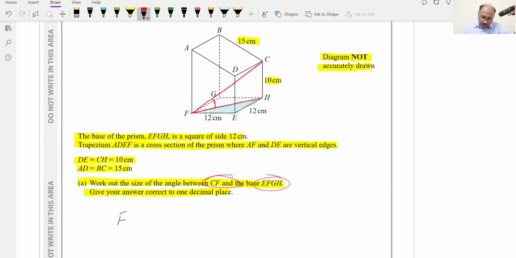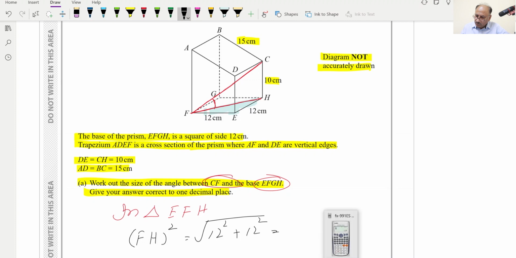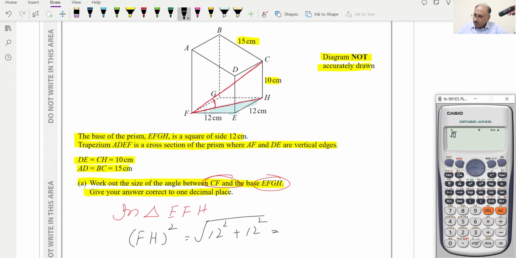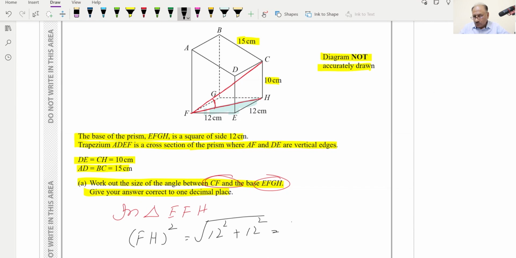So I will write in triangle EFH, FH squared will be equal to 12 squared plus 12 squared under root, and this will be equal to square root of 12 squared plus 12 squared, and this will be equal to 12 under root 2.